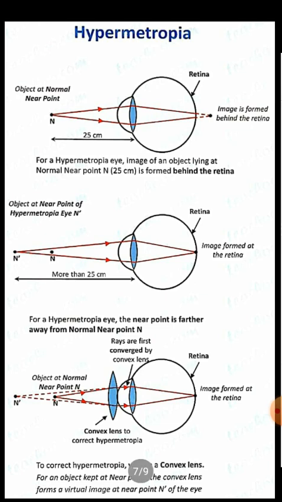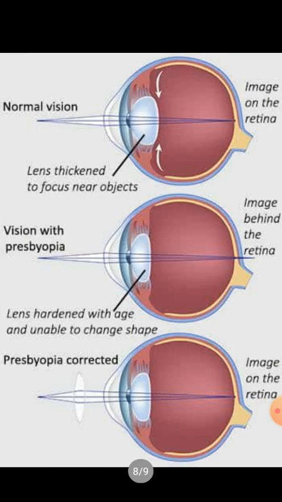Now the third important defect is presbyopia. This is observed in old people as their ciliary muscles become weak with age. The flexibility of the eye lens will decrease. Hence, they lose their power of accommodation.